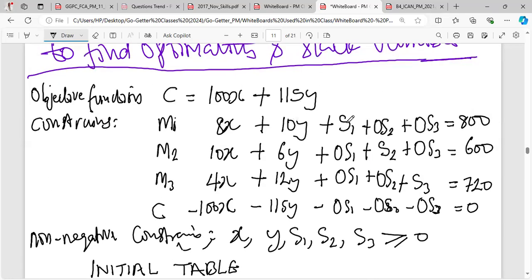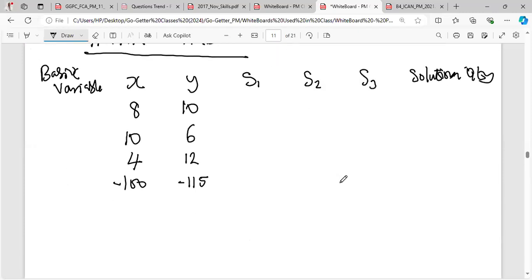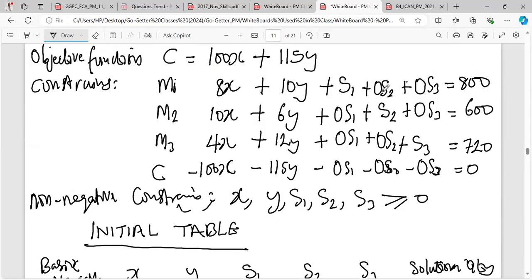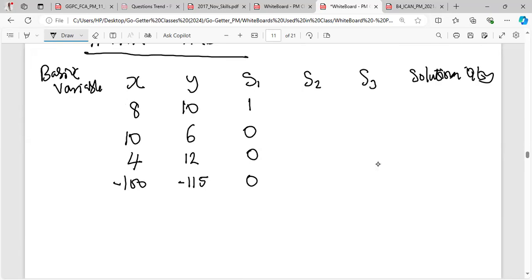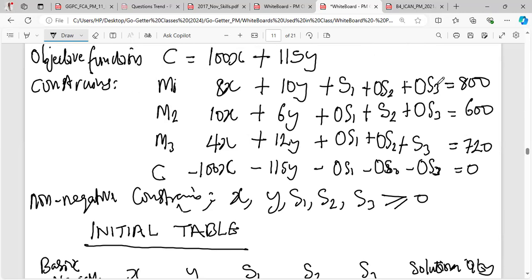Then we have S1, that's the invisible one here, that's 1, 0, 0, 0. In S2, 0, 1, 0, 0.